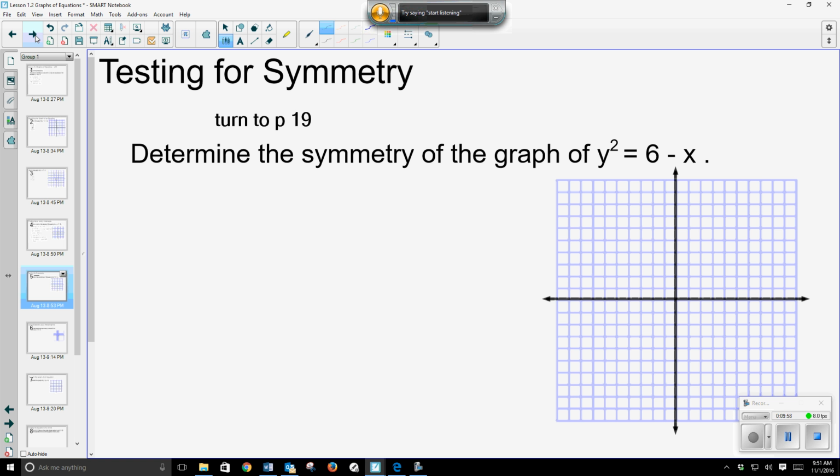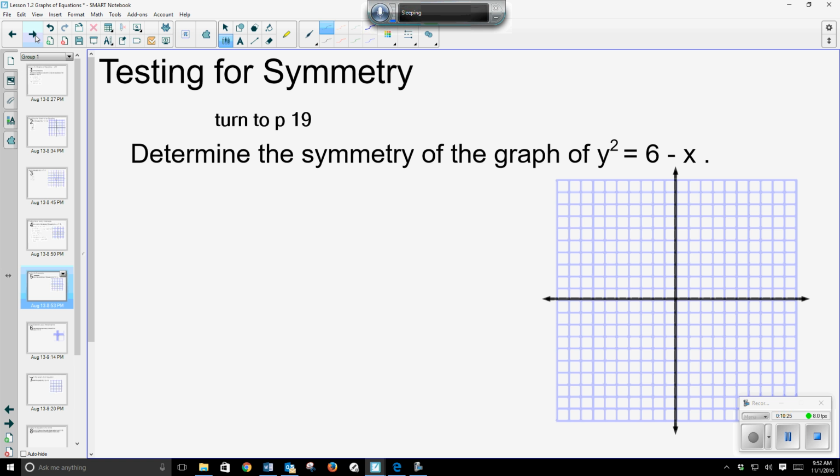And what you want to do to test for symmetry and plot less points to graph a line, if you put in negative x and you get the same answer, then it is symmetric about the y-axis.